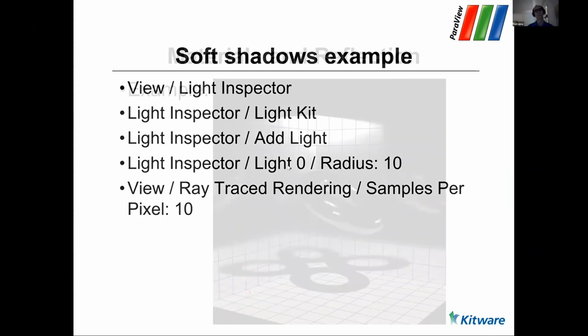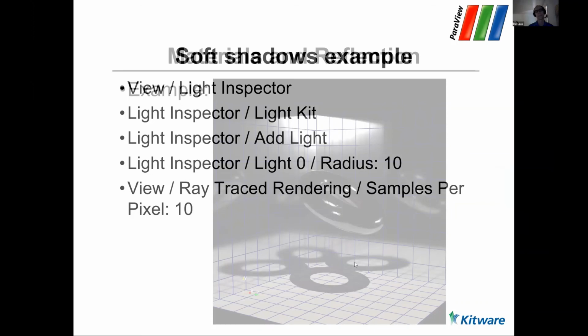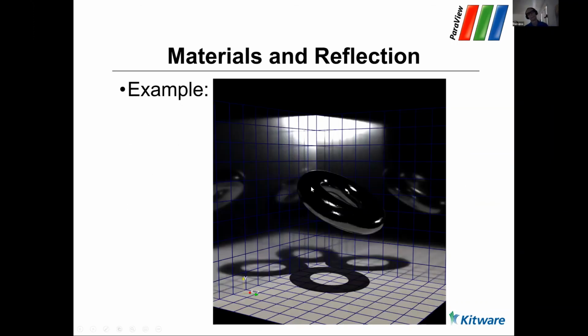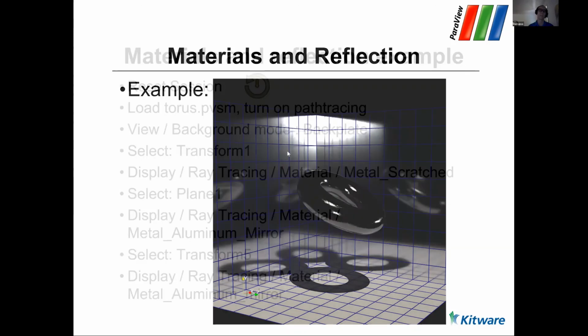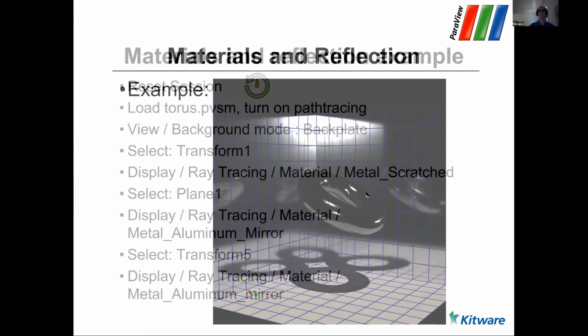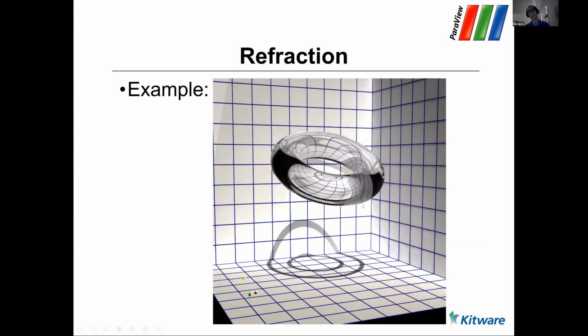And you can set materials, and you can see a reflection based on the type of material you set for the plane. So here I set aluminum for these 2 planes, and I set another metal material for the torus. And then refraction, if you set the material for the torus to be glass or water.